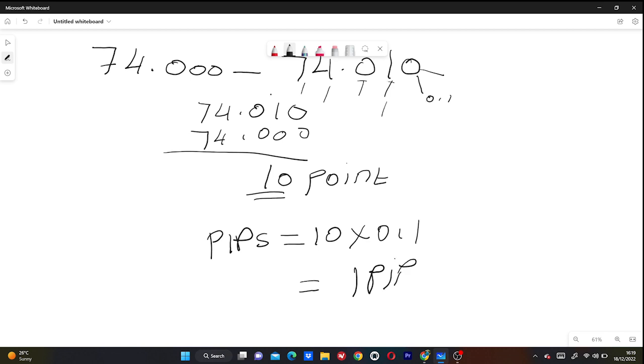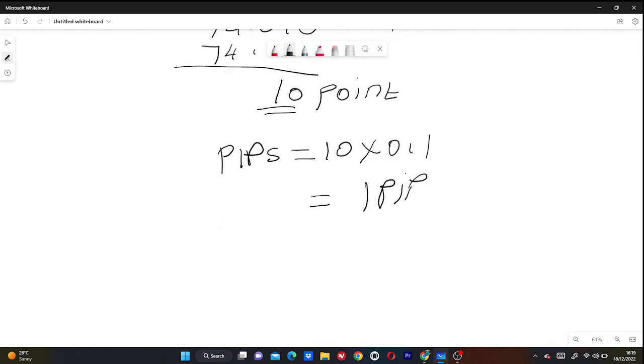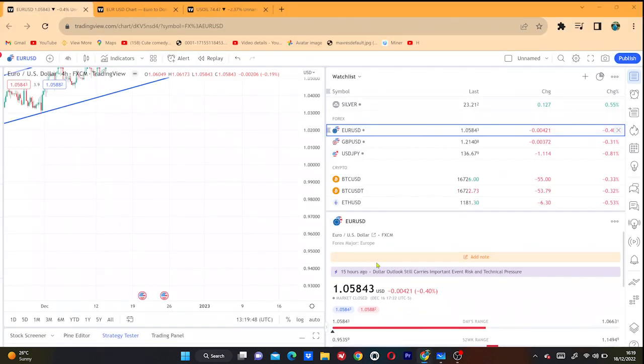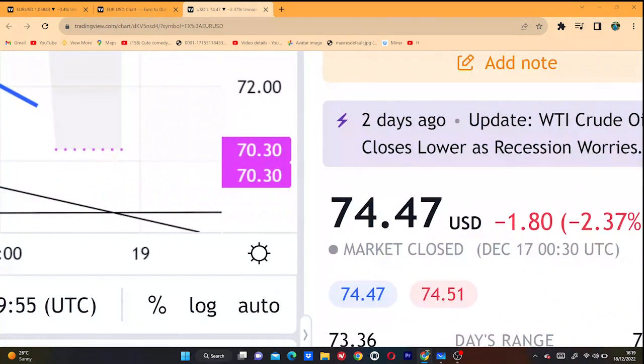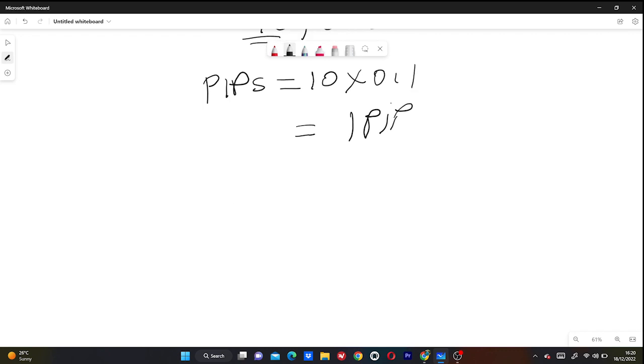Okay, so that is the US oil. What about when, for example, you can see over here on TradingView, they are not showing the last digit? The market shows 74.47, which means we can only calculate pips.